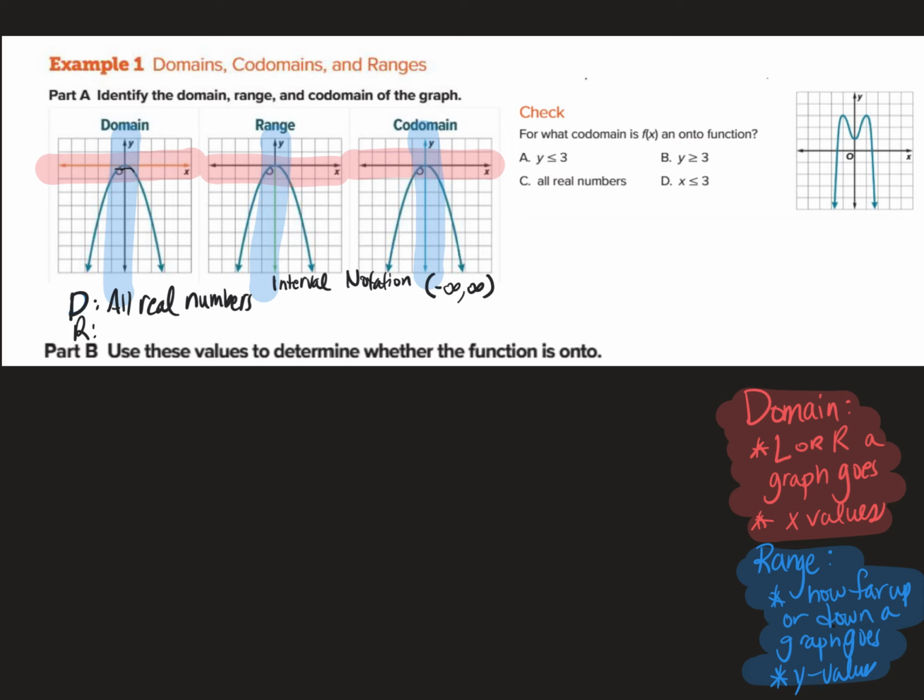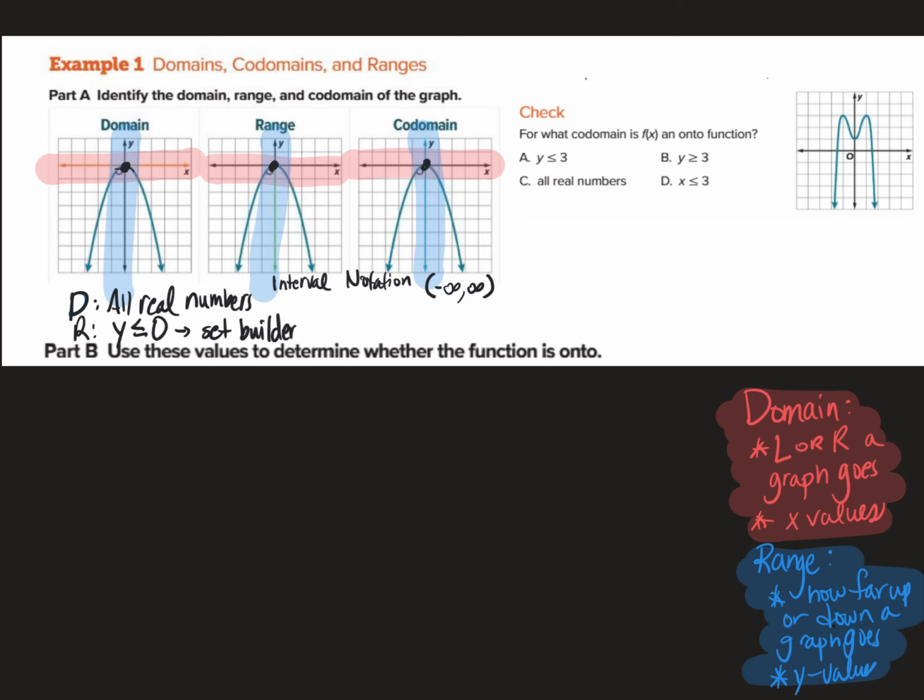How far up does it go? This is the highest point. This black dot I'm putting on the graph, that's the highest point that that graph goes. So our y values are less than or equal to 0. In set builder notation, I'm going to write that in set builder.